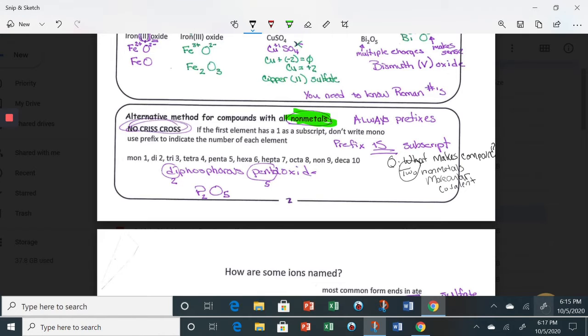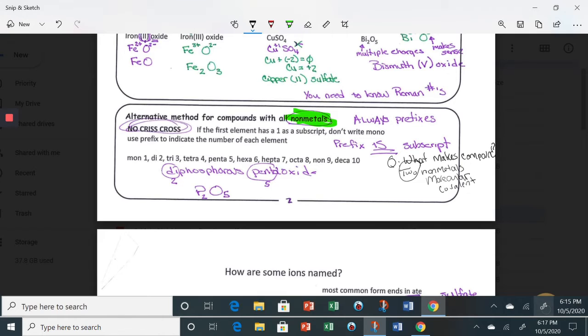So you never use a prefix for a metal in the compounds we deal with. If you see a metal, it is ionic. You name the metal, you name what comes next, and you crisscross to get the formula. But if you see two nonmetals, you can use a prefix.